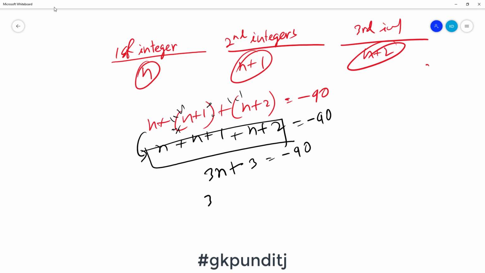Now 3n plus 3 here, now you need to subtract 3 from this and from minus 90 also, on both sides, this one and this one. Okay, subtract 3.